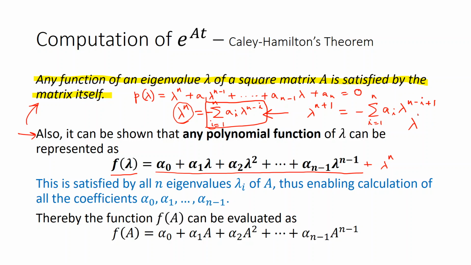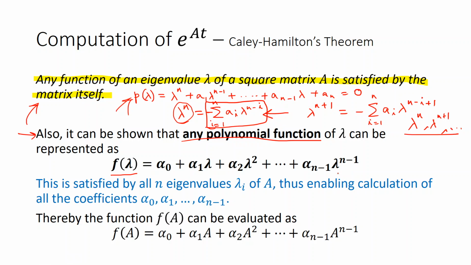So any higher power of lambda starting from n, n plus 1 and higher can be expressed in terms of these lower powers. This is because of the characteristic polynomial. And that is the reason why any polynomial function of lambda can be represented by only terms from lambda to the power of 0 to lambda to the power of n minus 1.